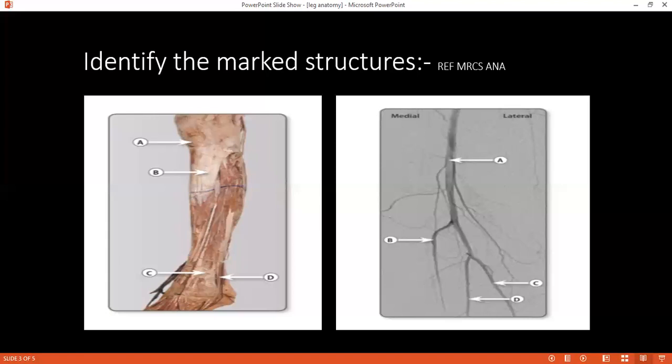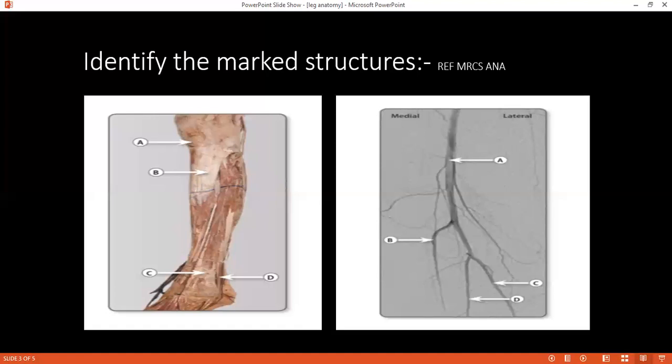The lateral compartment consists of 2 muscles, peroneus longus and brevis. The posterior compartment consists of superficial and deep. Superficial consists of gastrocnemius, plantaris, and soleus, and the deep one consists of popliteus, flexor hallucis longus, flexor digitorum longus, and tibialis posterior.